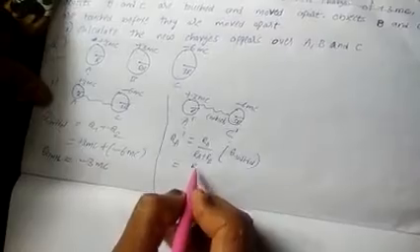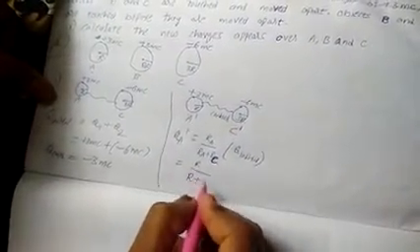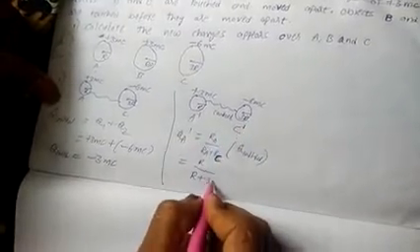Okay, right? Now, QA prime is equal to RA, which is R, by RA plus RC. How much is RC? RC is 3R. So R plus RC is R plus 3R.